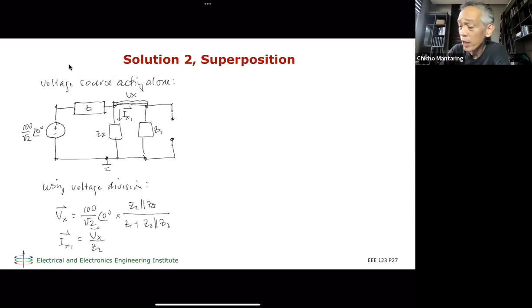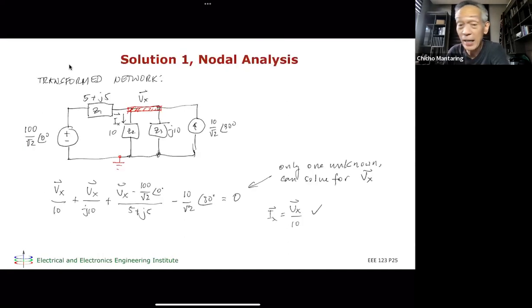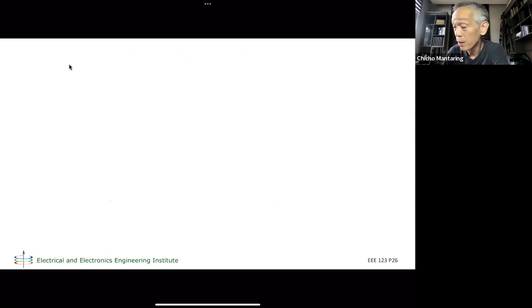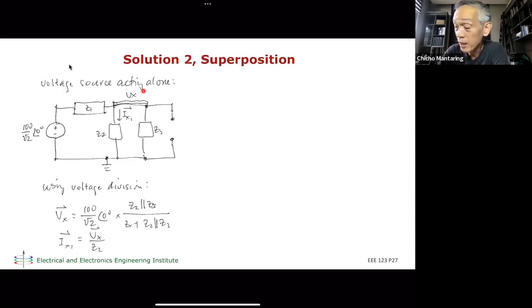But that's not the only way you can compute for IX1. There are many ways. I could have, for example, used nodal analysis, like what I did here, to compute for this particular V of x. Or I could have gotten the equivalent impedance with respect to this source, computed for the total current, and then used current division.